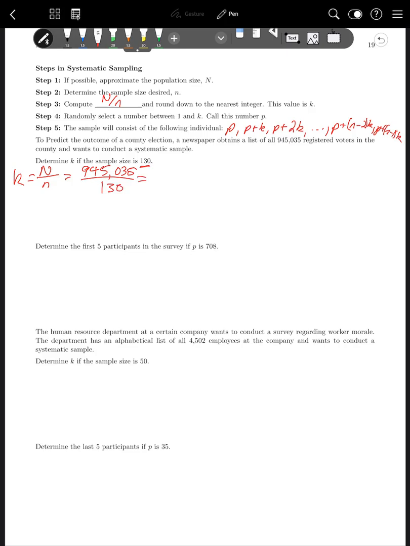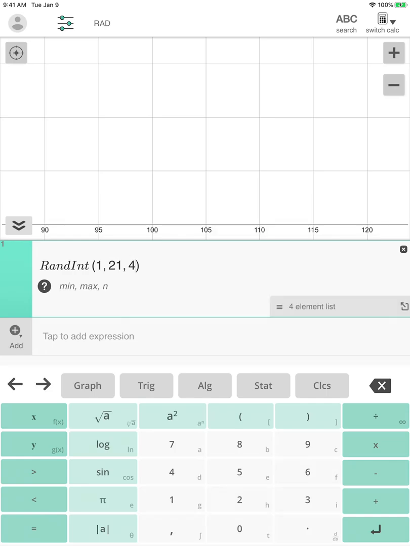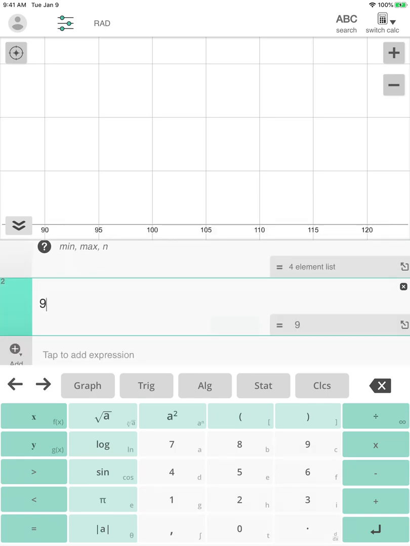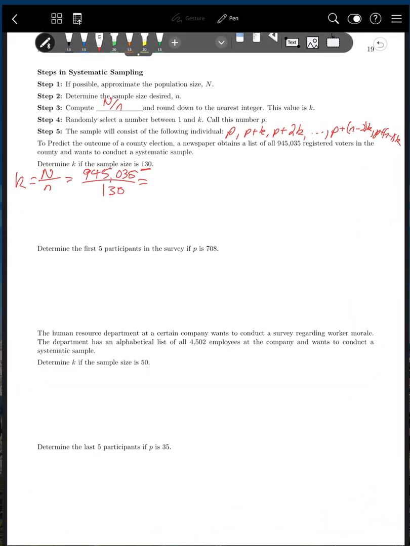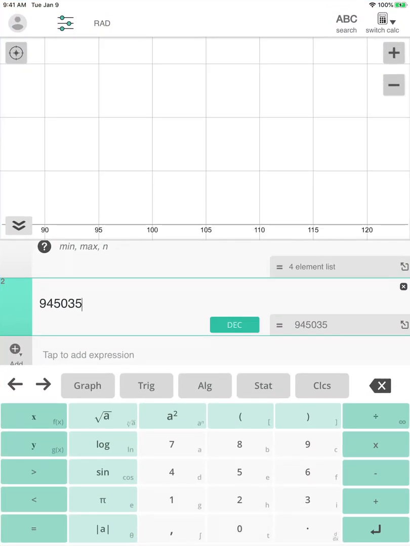So our k is 945,035 divided by 130. And we can see that that's 7,269.5, but we want to make sure we round down. So we're just basically going to lop off the decimal.